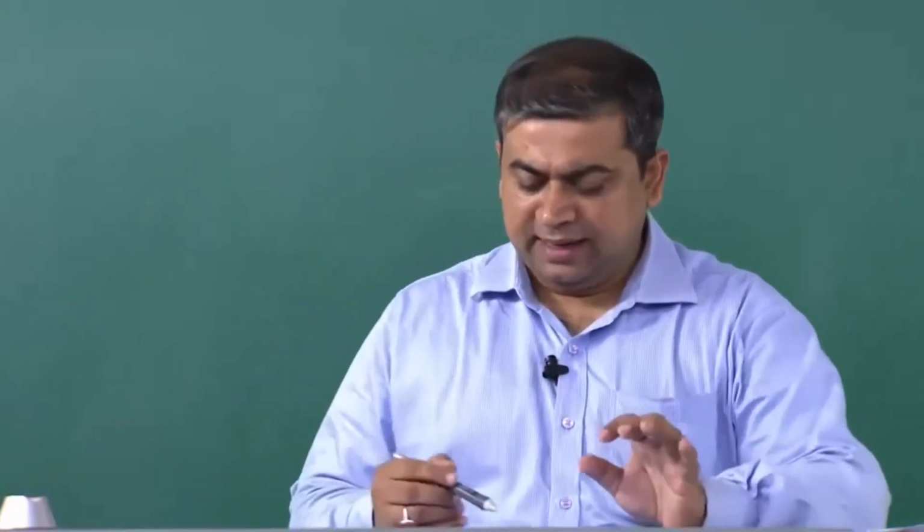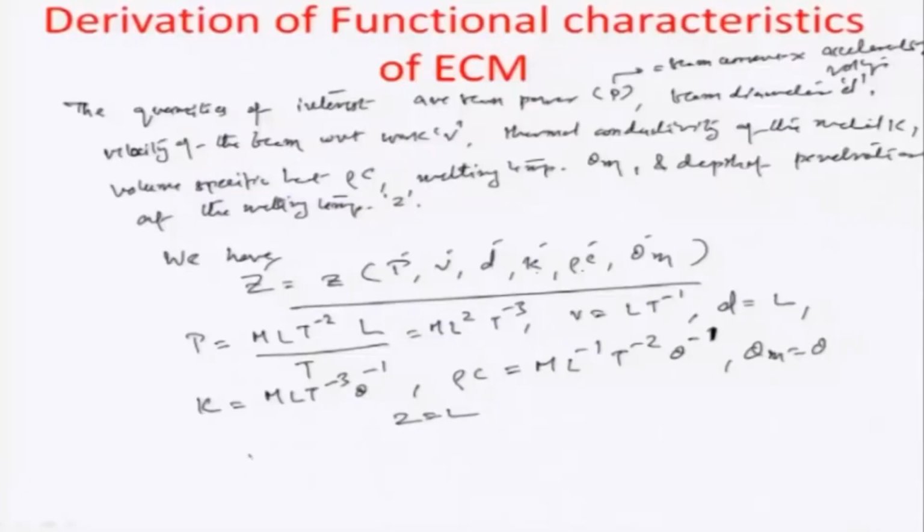And so, according to Buckingham's pi theorem, this n value happens to be 7, and m, the number of basic dimensions, happens to be only 4 in this particular case, meaning thereby that there exist at least n minus m subgroups which are dimensionless.